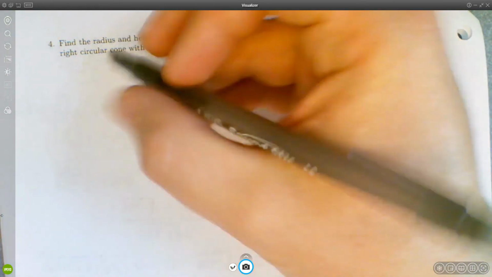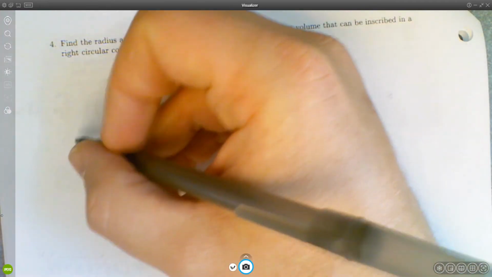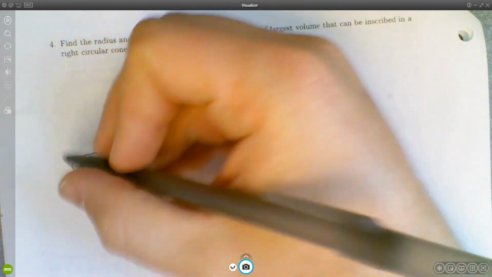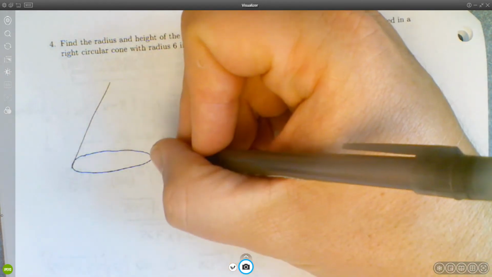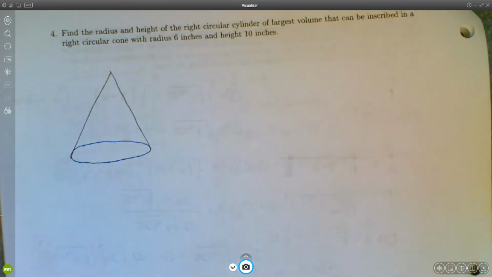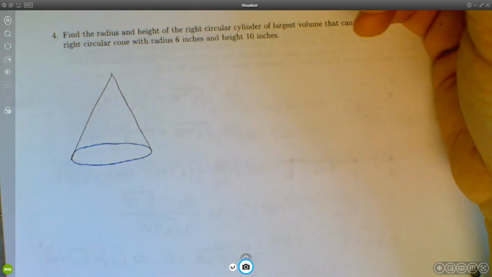Okay, so the cylinder is inside the cone. So let me draw the cone first. So the cone is going to look something like this. Okay? And then the cylinder is going to be inscribed inside of it.